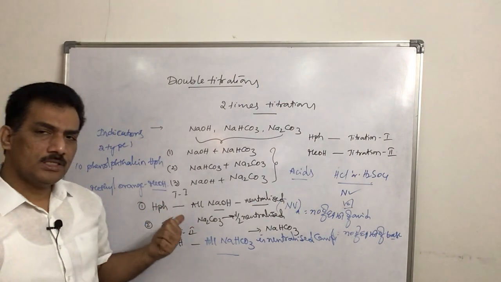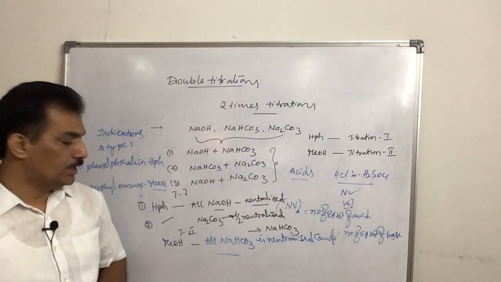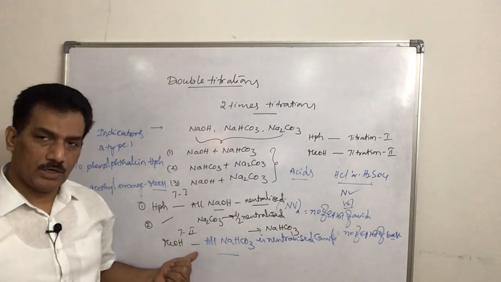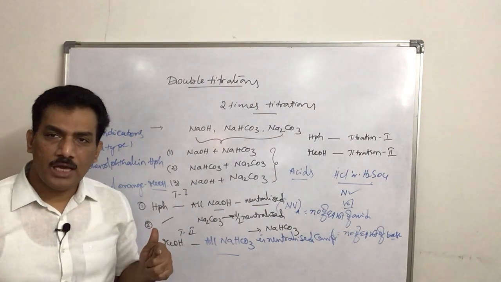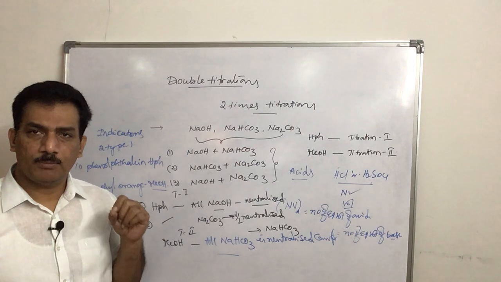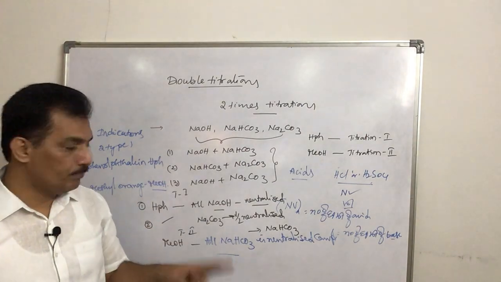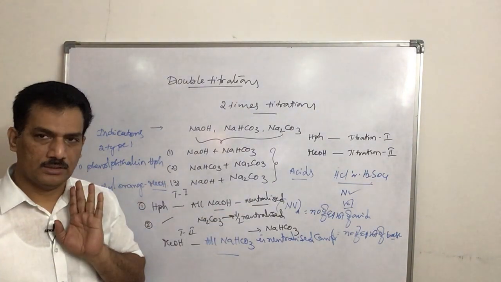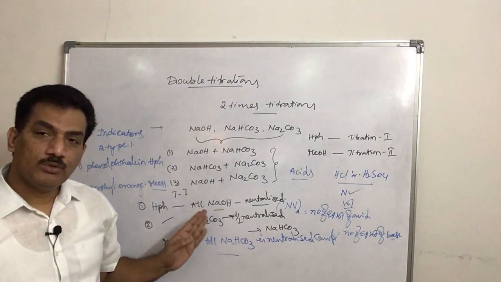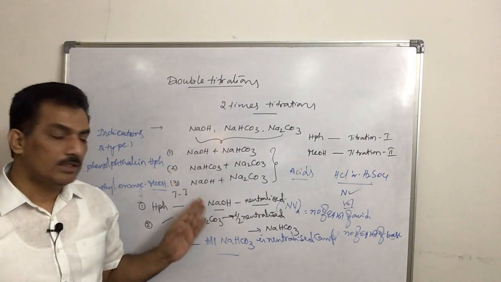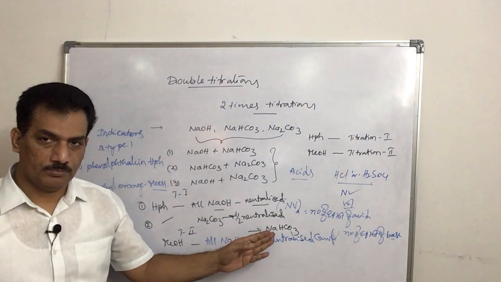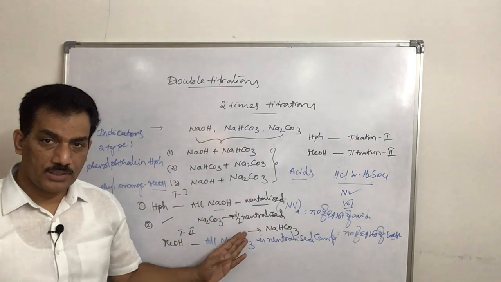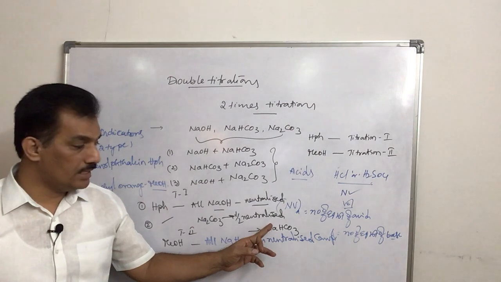And now the key points are these 2. That is, in presence of phenolphthalein, what is happening? In presence of methyl orange, what is happening? Just remember, in presence of phenolphthalein, all the NaOH, that is sodium hydroxide, present in the mixture solution will be completely neutralized. And if Na2CO3 is present in that solution, then it will be half neutralized to NaHCO3.